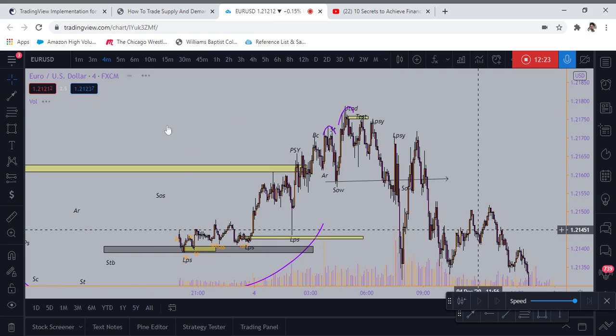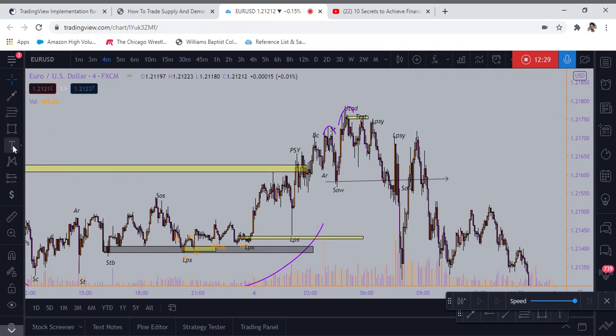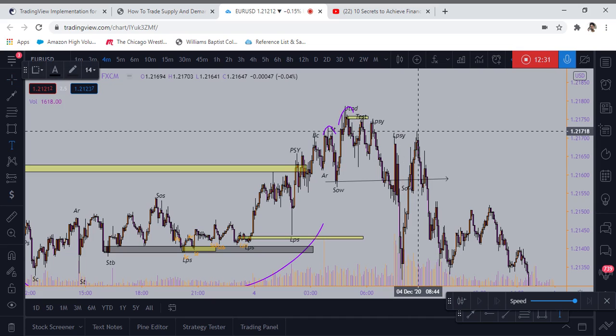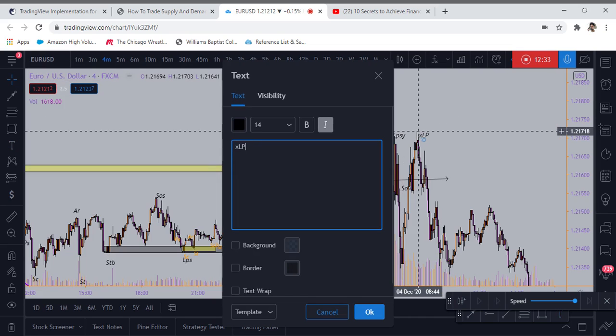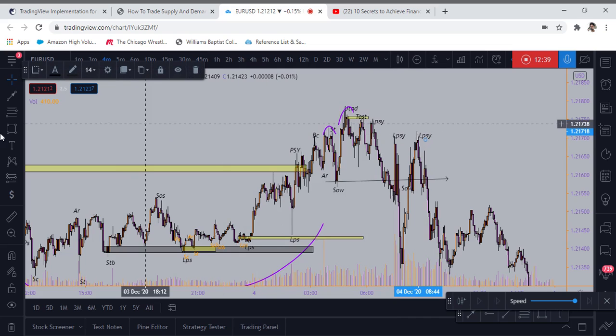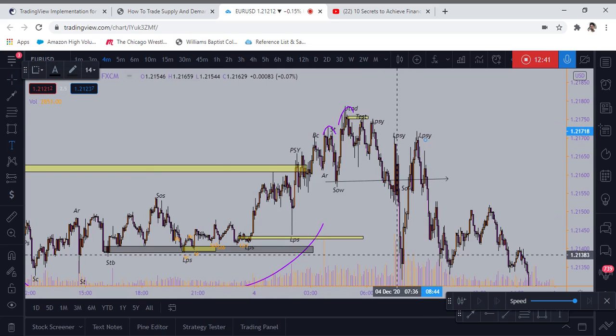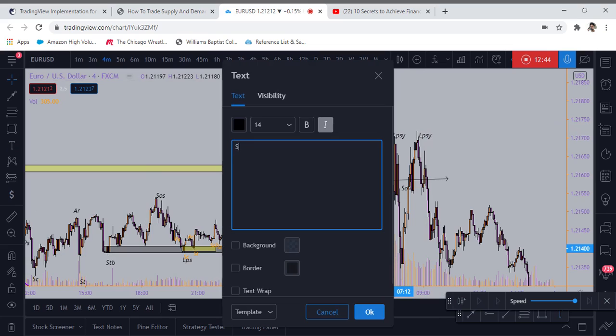So boom, that's exactly how the rest of it played out. LPS, even though price came back out to it, and I would call it a shakeout right there. Shakeout.